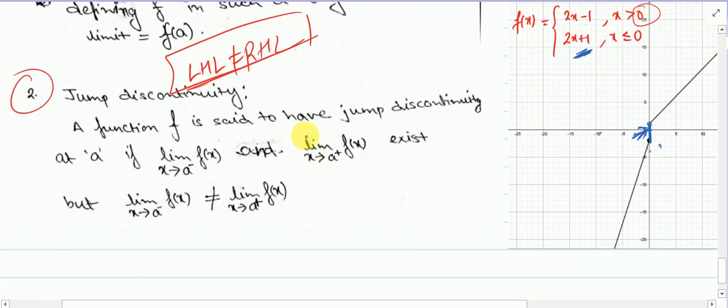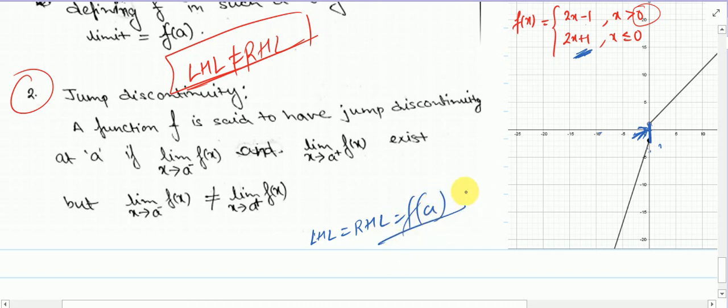For jump discontinuity, you have to write the definition. Though the video got long, I can't help it. Hope you all will understand with the help of this graph and this explanation. Mainly your first method is important. You should remember that in order to show that a function is continuous at a given point, left hand limit and right hand limit should be equal to the functional value at that point.